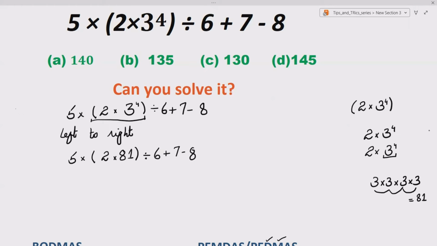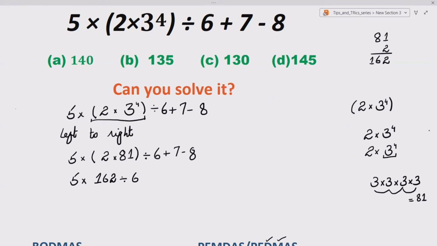Now 5 multiplied by the bracket, which we haven't solved completely: 2 multiplied by 81. 2 times 1 is 2, 2 times 8 is 16, so we get 162. Now our bracket is completely solved.